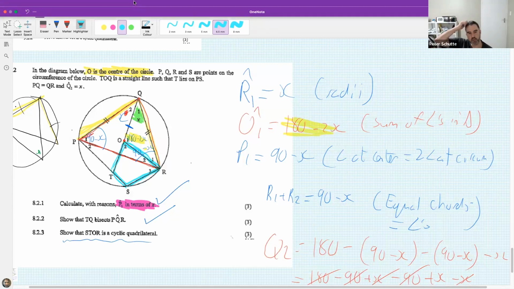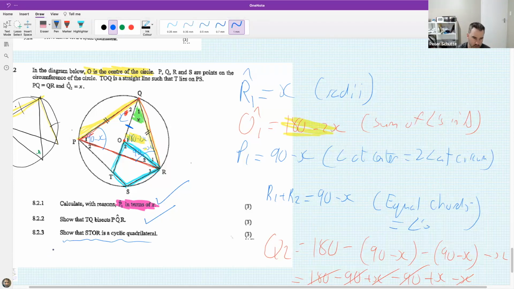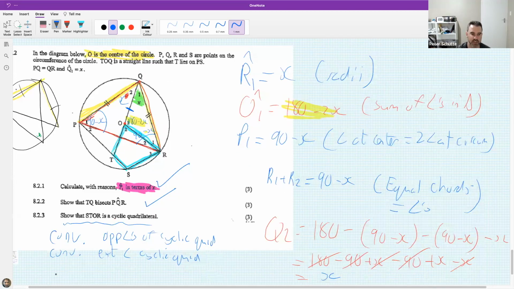If you want to show something is a cyclic quad, you have to use a converse theorem. You can either use converse opposite angles of cyclic quad, or you can use converse exterior angle cyclic quad, or you can use converse angles in the same segment.